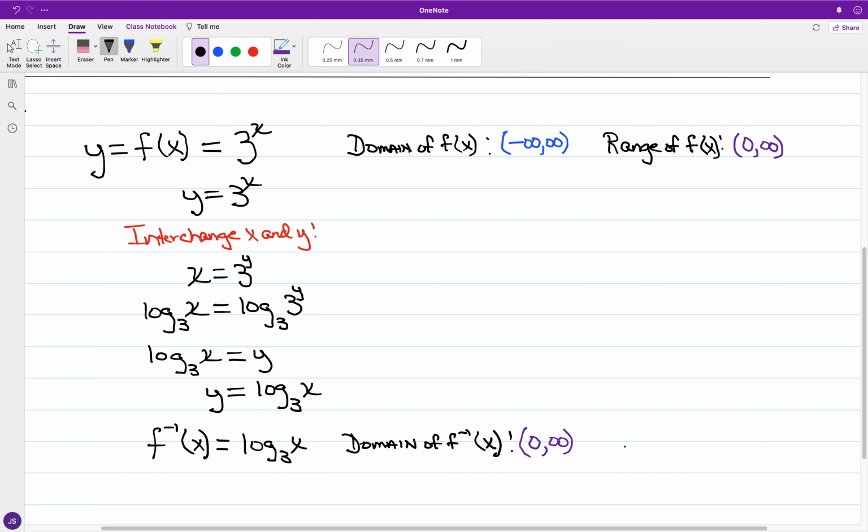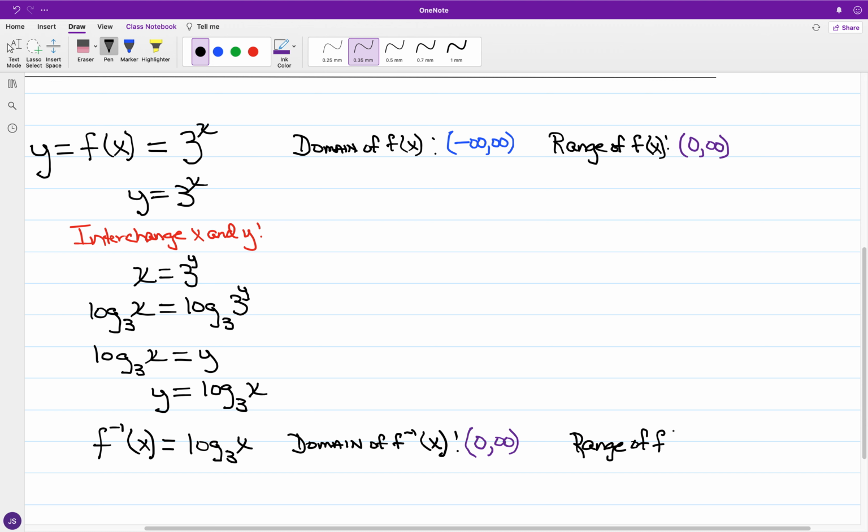Again, just swapping, for the range of the inverse, what that will have in y will be what we had in x for the exponential function. So that is going to be the set of real values.